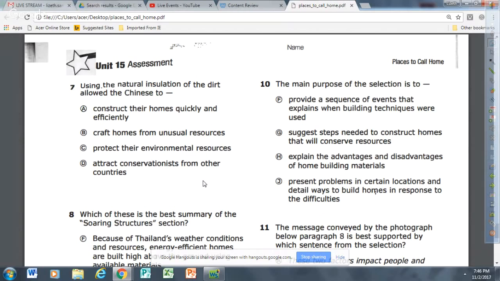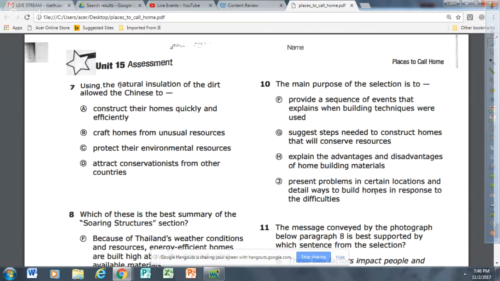Okay, let's see if you can send me your answer. Some of you are still thinking about it. Okay, now the key word in the question is the natural insulation.